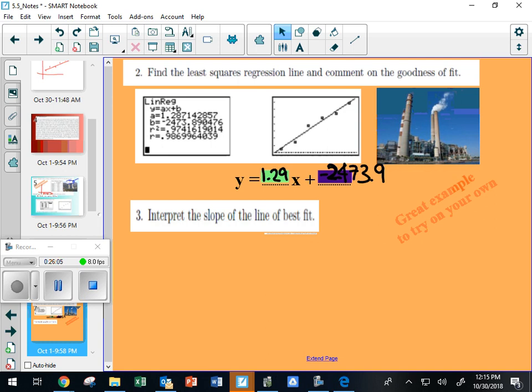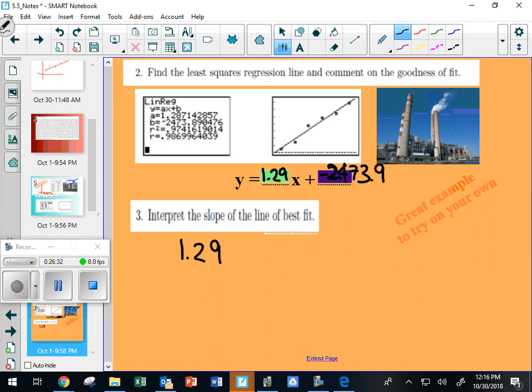All right, so if we go back here, we have this y equals and then this 1.29, and we said that that was equal to a, or in our case m, right? What does m stand for? Slope. So 1.29 is our slope, but what does that actually mean for us? If it's a slope, that means it's kind of like a rate, right? What kind of rate does this represent, though?